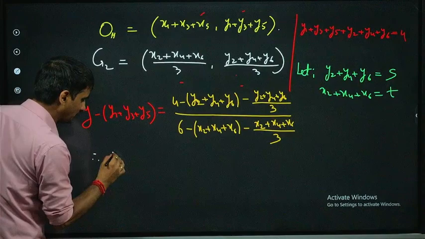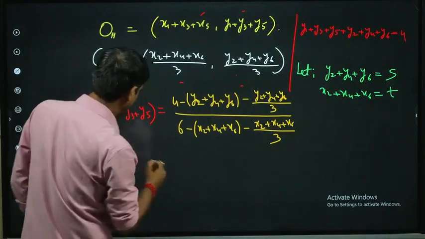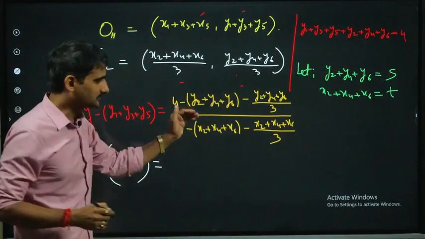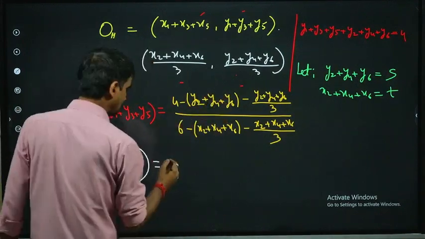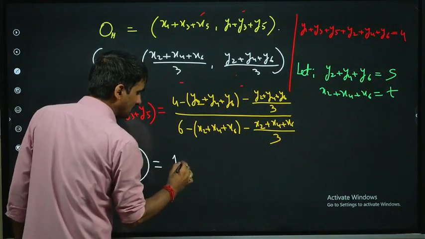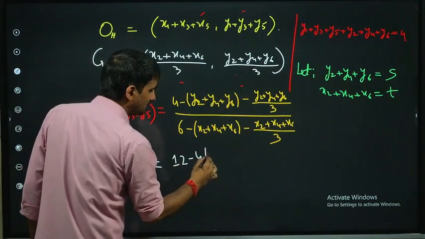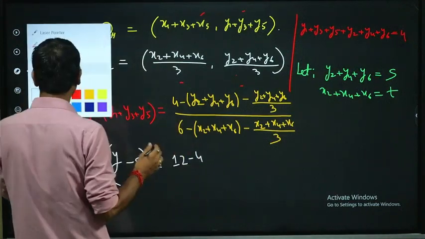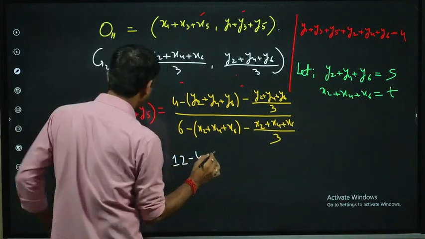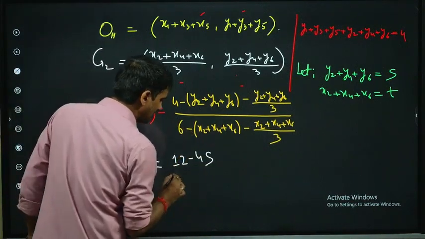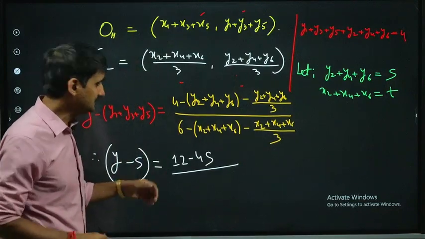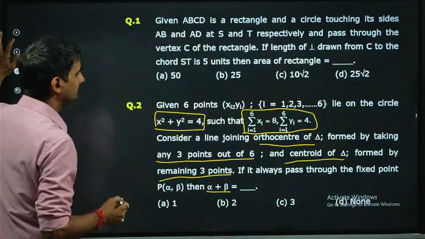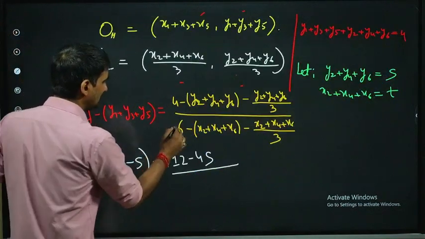So we have y minus s is equal to 12 minus 4s, upon 8 minus 4t.